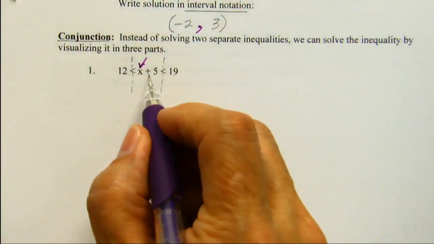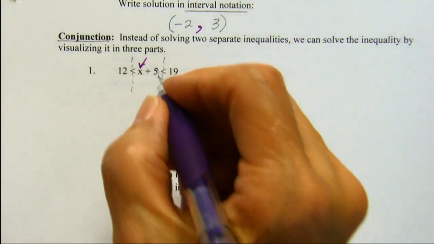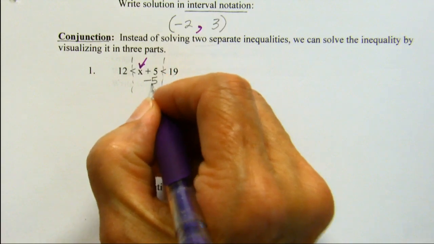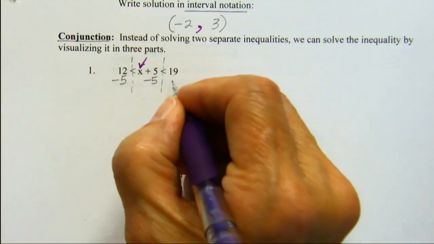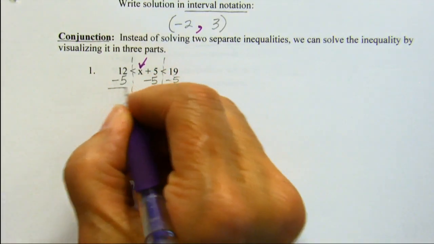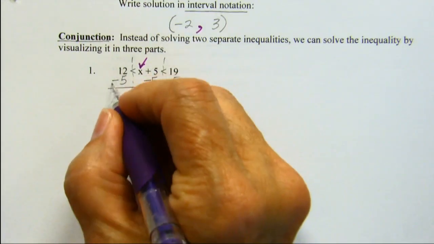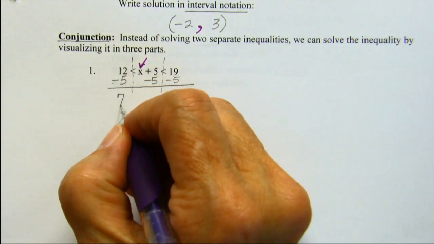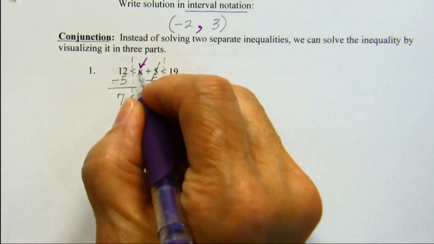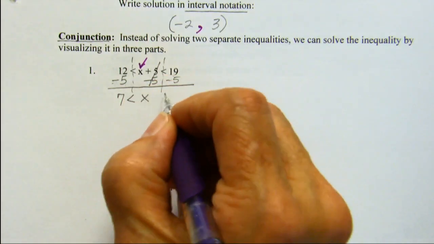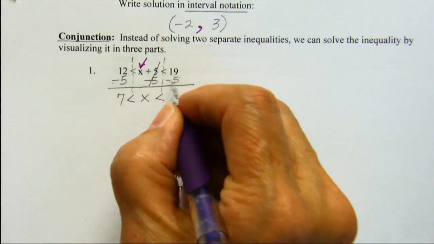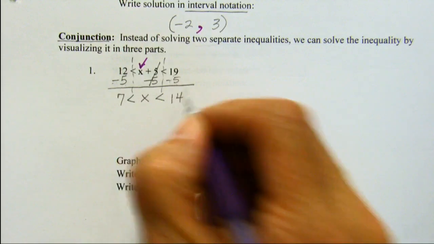So I need to get rid of the +5, so I'm going to subtract 5, but I've got to do my subtract 5 on all 3 parts. 12 minus 5 is 7, less than, now I have an isolated x, less than 19 minus 5 is 14.